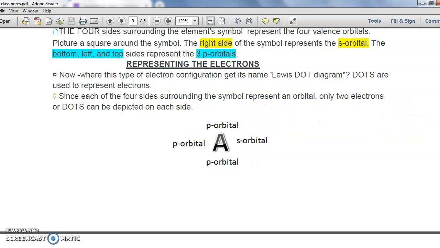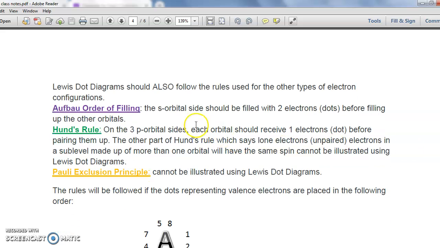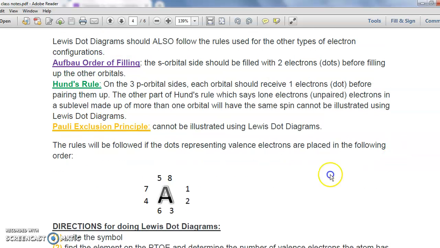And you have to still follow Aufbau's order of filling, which would say that the lowest energy level sublevel gets filled first. Well, the s has a lower energy than the p, so we would have to fill the s side first. Hund's rule says that each of the orbitals get 1 electron before we pair them up, so we have to follow that as well, which gets us to the order of placing electrons. Since this is the s side, the first 2 valence electrons would go here, number 1 and 2.